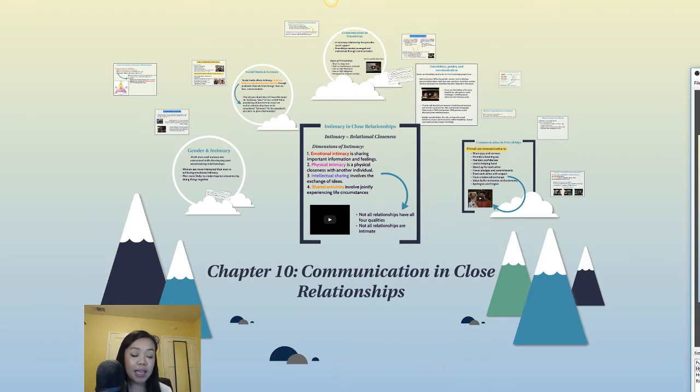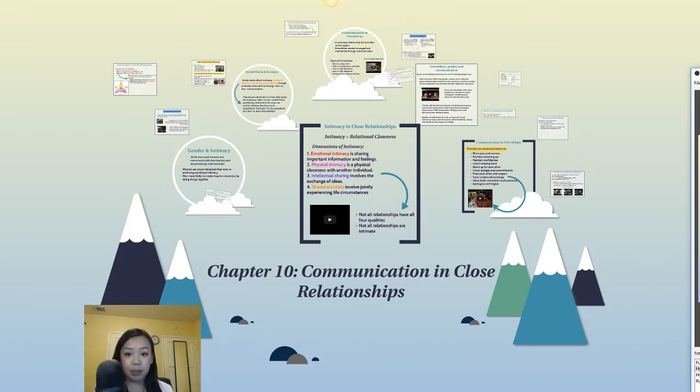And now in 10, instead of just looking at different models of relationships, we are going to study what actually happens in relationships as far as the communication necessary for relational closeness, relational maintenance. We're also going to talk about a wider breadth of different types of relationships.